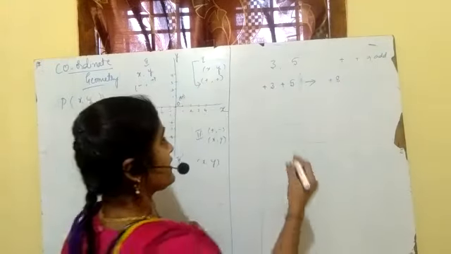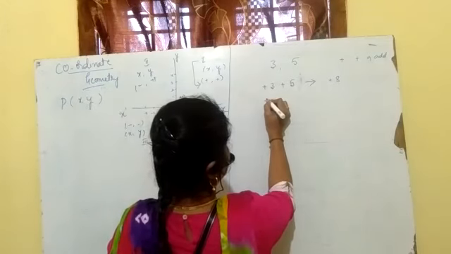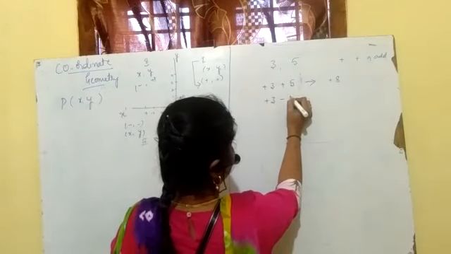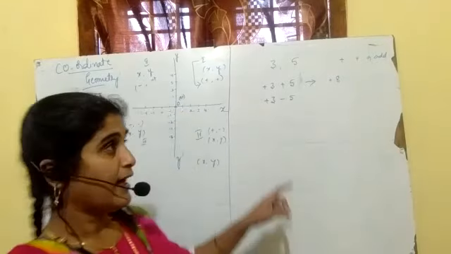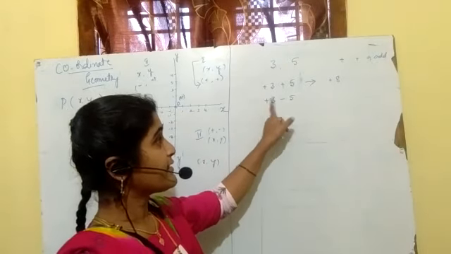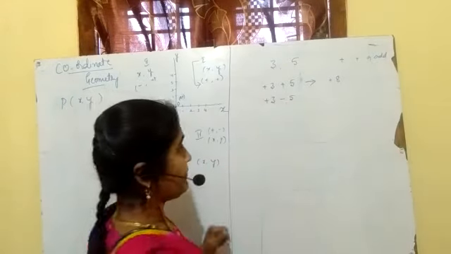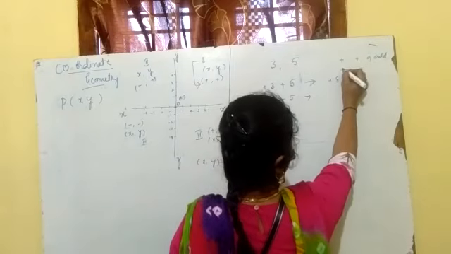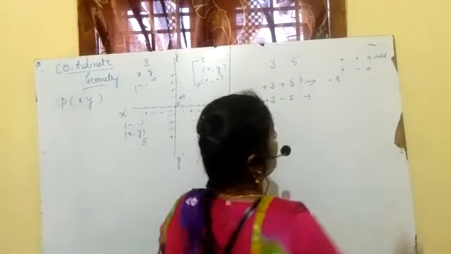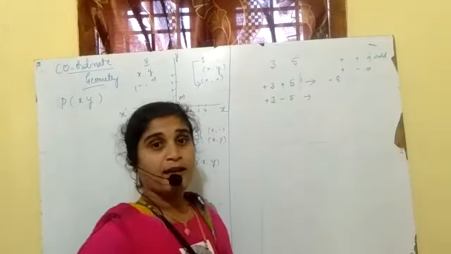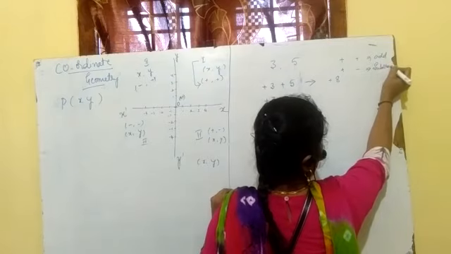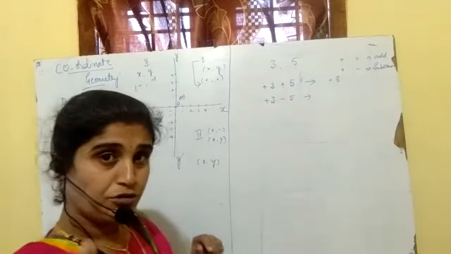When it comes to here, it is plus 3 but minus 5. I will change the sign of the other to minus. What happens? One is plus, another one is minus. Whenever the signs differ, plus and minus or minus and plus, then you have to subtract.